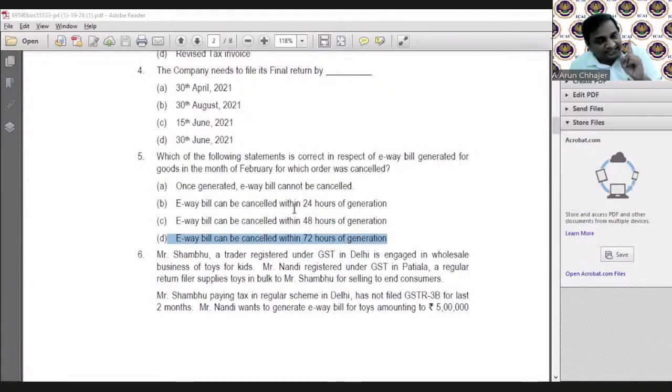One question on GSTR1. We know that some details are consolidated, and some are detailed invoice-wise information.